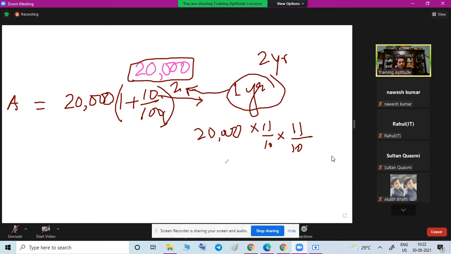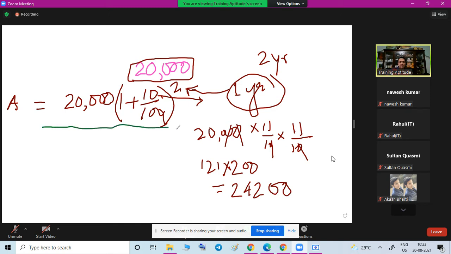So what will your amount become? 121 times 200, which is nothing but 24200. Now, students, please understand.